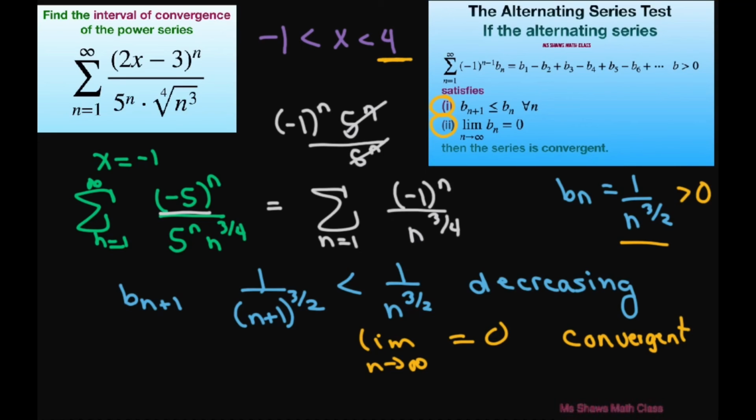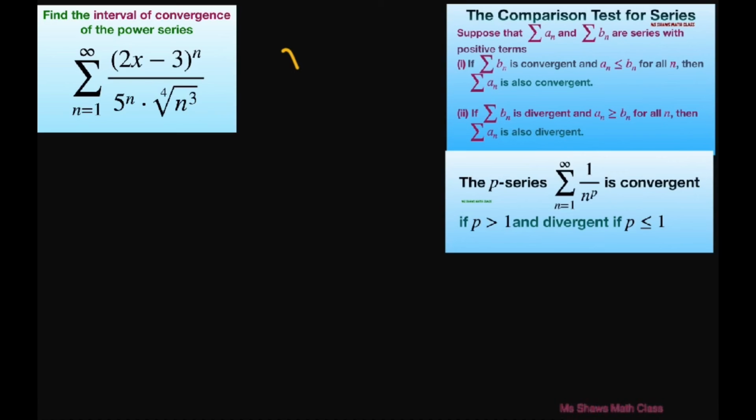Now we have to test 4. So let's let x equal 4. And this is going to give you the sum from n equals 1 to infinity of 5 to the power of n divided by 5 to the power of n times n to the power of 3/4.